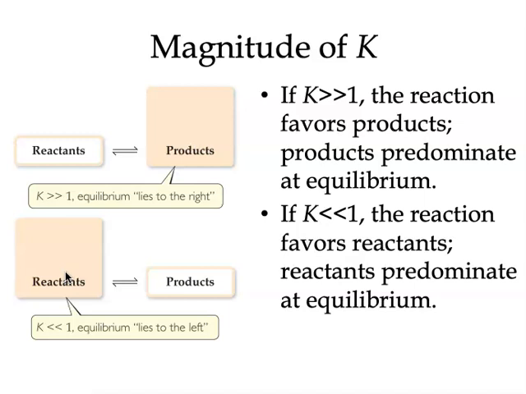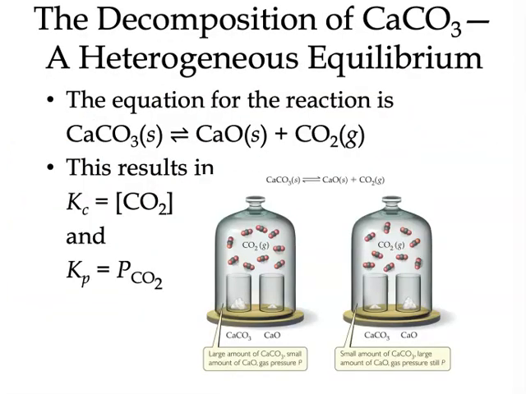So obviously there's all kinds of different Ks that we're going to see in a couple of these slides. But I did want to mention a couple of esoteric things about these K calculations. There are a couple of bizarro things about setting up equilibrium expressions like this. One of those things is that the only things that matter in setting up the K sub C or K sub P expression are gases or something that is aqueous.